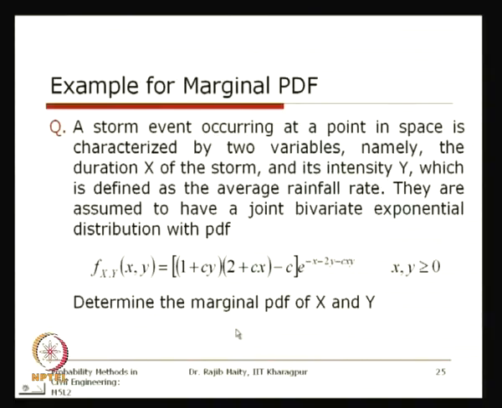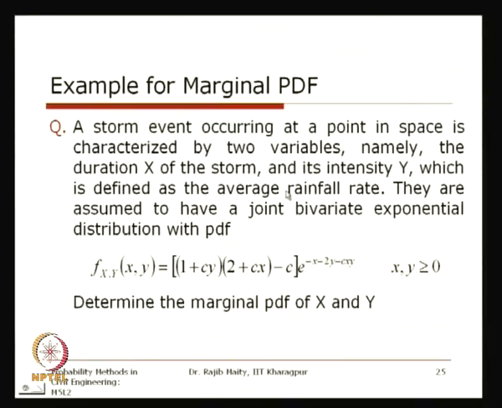Now we will take again the problem that we started this lecture with, the storm event, where this joint PDF is known to us. The storm event occurring at a point in space is characterized by two variables, namely its duration x and intensity y.